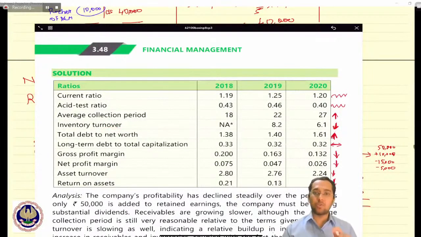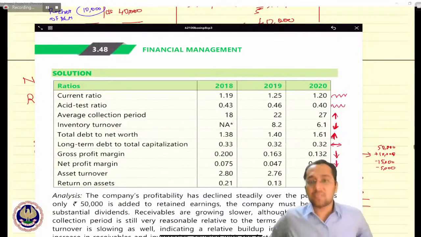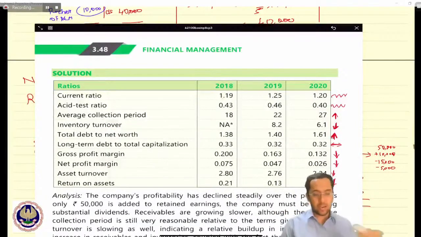It means I'm not able to sell as many times as I was able to sell earlier. Total debt to net worth is increasing. It means I'm having a higher and higher amount of debt, so I'm taking more and more loan. Long-term debt to total capitalization, no such trend identified.